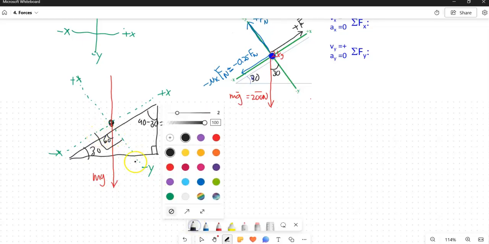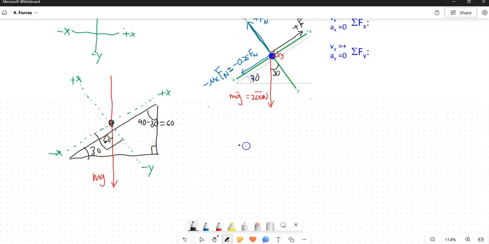Let's use blue for this. So this is our 90-degree angle.